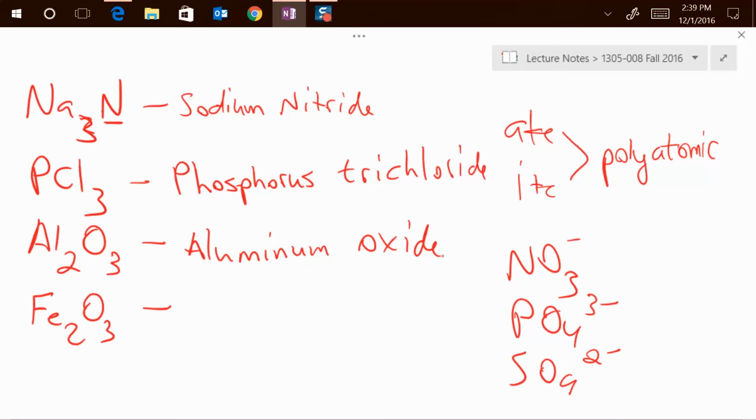What's the name of this? I'm going to add another one here. Iron... So first question, is it ionic or covalent? It's ionic. It starts with the metal.